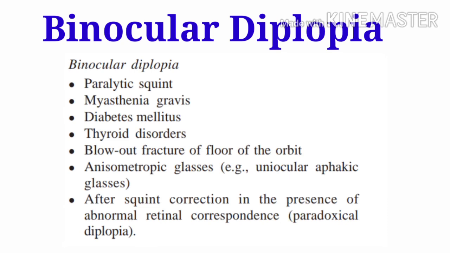Binocular diplopia: paralytic squint, diabetes mellitus, thyroid disorder, blowout fracture of the floor of the orbit, anisometropic glasses after squint correction in the presence of abnormal retinal correspondence.